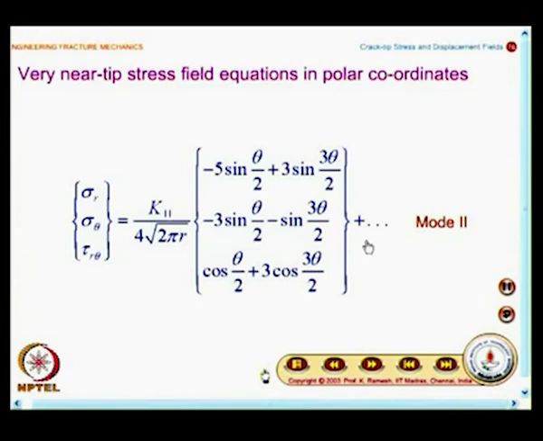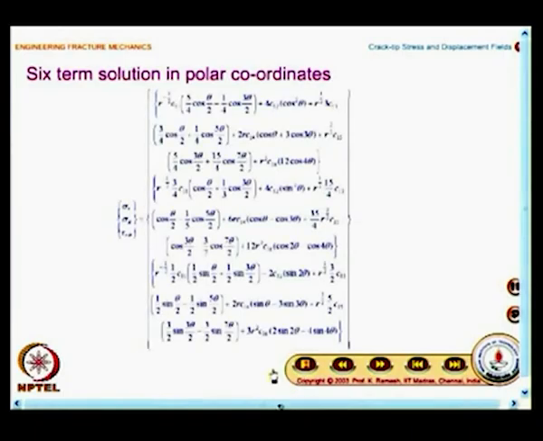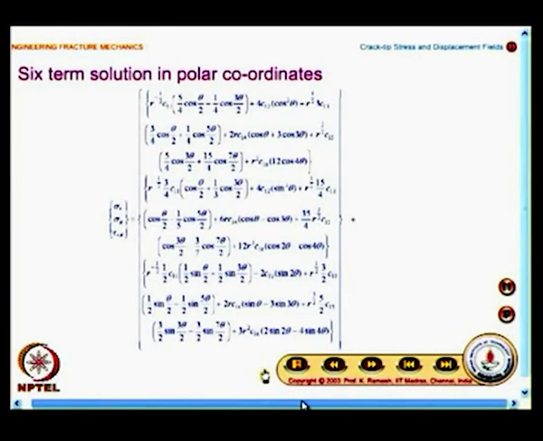Now, what we will do is we will not stop at the first term, we would see a multi-parameter solution. We will not see several terms, we will see a 6-term solution. The letters are very small. Even if I magnify, you may not be able to see the complete set of stress field.